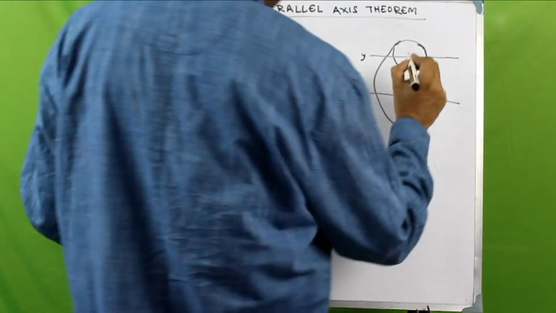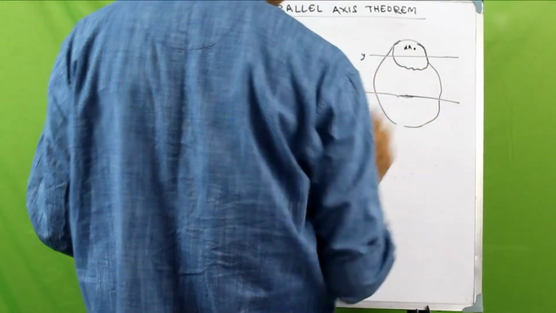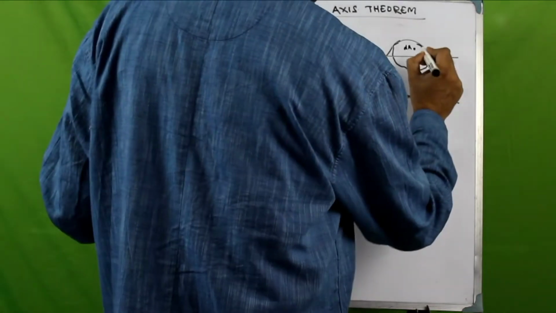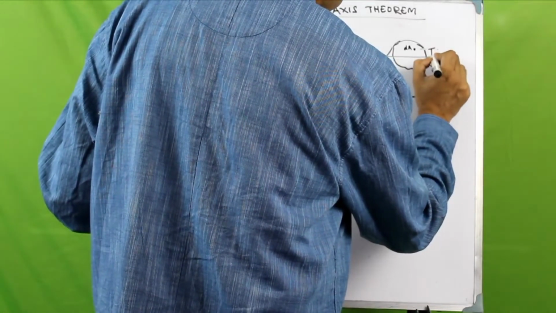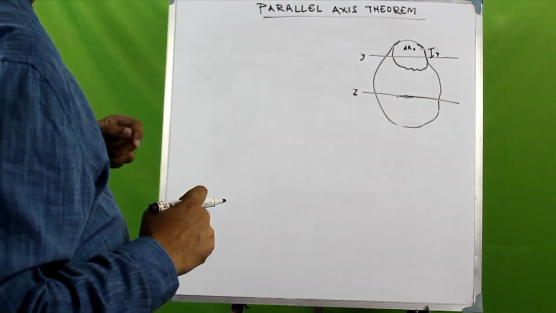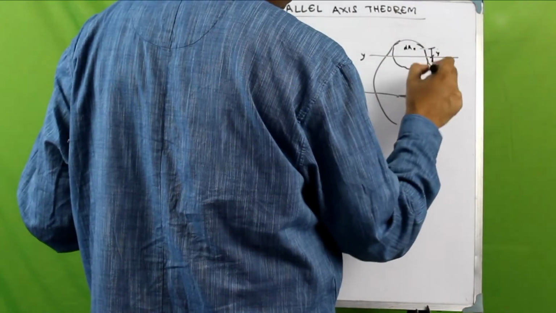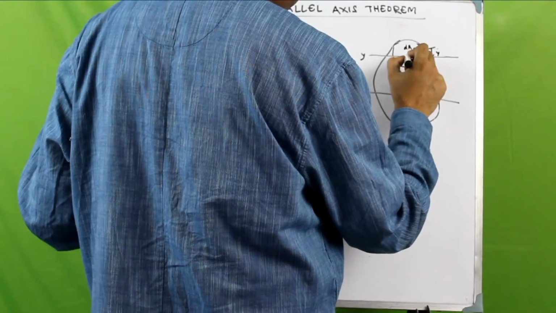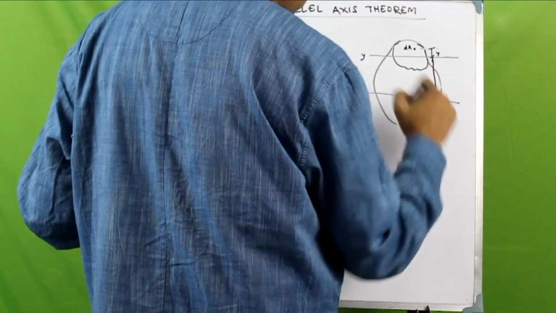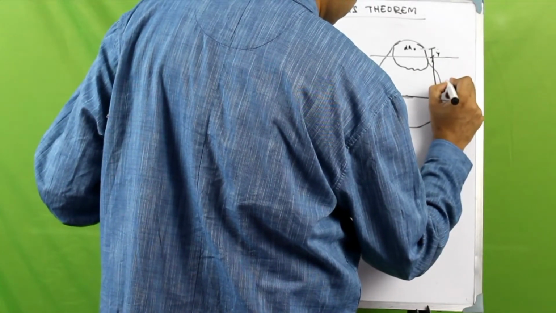Now let us consider a small elemental area dA, which is at a distance of y from the centroidal axis of this part area, and let the distance of the centroidal axis of this part area from the centroidal axis of this whole area be z.